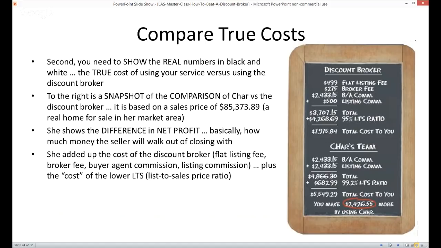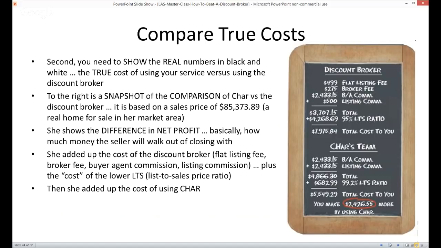Plus the cost, which is the big one, of the lower LTS, the listing to sales price ratio. When you start at 100,000, where do you actually end up once the negotiation is over? Do you end up at 99,000 or do you end up at 81,000? That's what it's showing, is how good or how bad was that agent in negotiating that price.